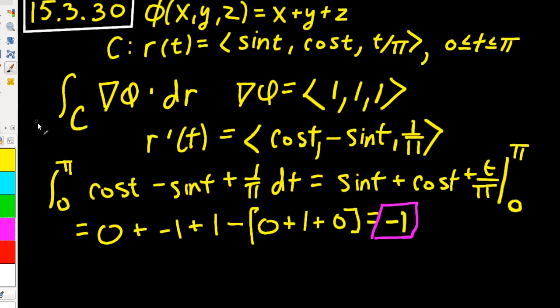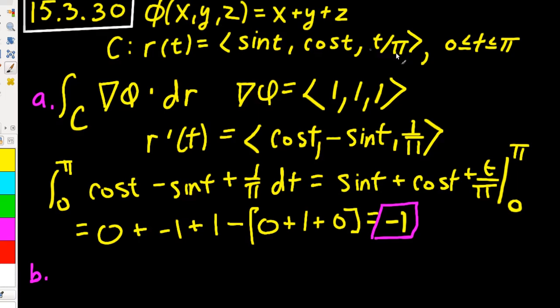Now in part B, we're asked to find the integral a second way, and now we're going to find it by using the fundamental theorem of line integrals. So the fundamental theorem of line integrals says, rather than evaluate the gradient field along this curve, we can evaluate the potential function at the endpoints of the curve.